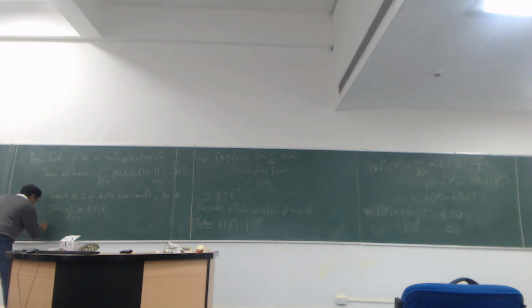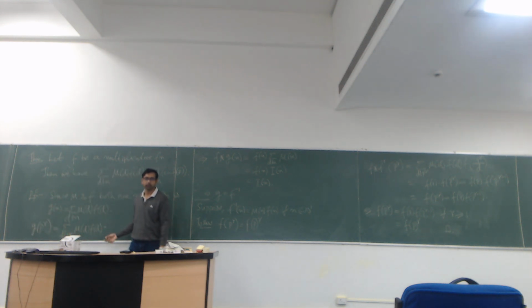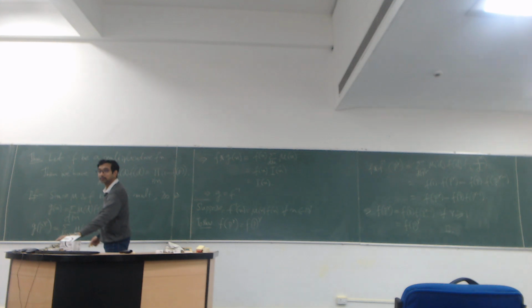Now consider g at p power r. That is the summation over d dividing p^r of mu(d) f(d). Again, only the first two values will count, the rest being zeros.